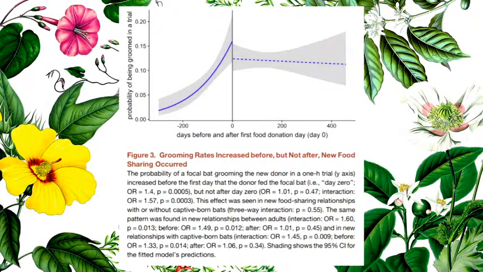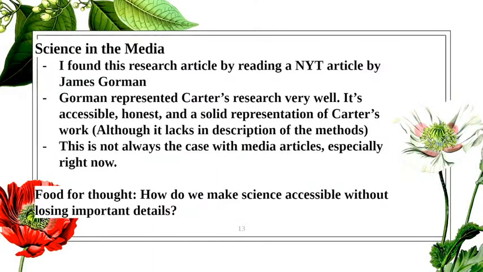I did a Times article, and I think it's really interesting to talk about science in the media. I'm sure you guys will talk about that at some point in classes, and how we represent science in the media. So I just wanted to throw up some food for thought, because I think this is an example of where the media represented this article incredibly well. I think it's accessible.